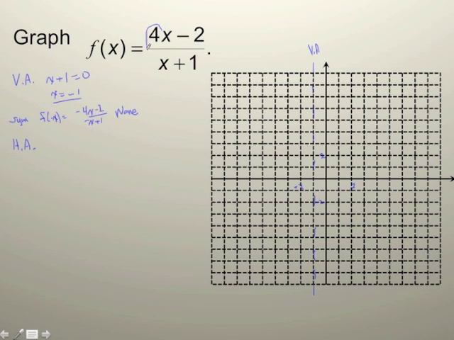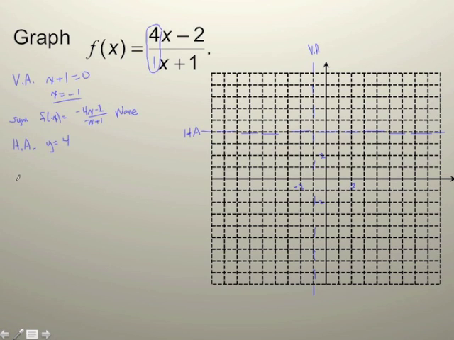But since these are the same degree, we go by the ratio of the leading coefficients. And here the leading coefficient would be 1. So we end up with y equals 4. And we can go ahead and draw in that asymptote also. So there's my horizontal asymptote.